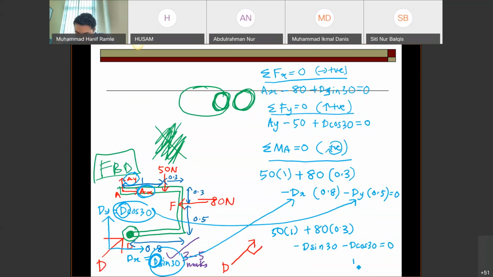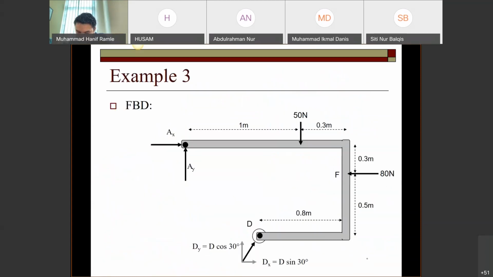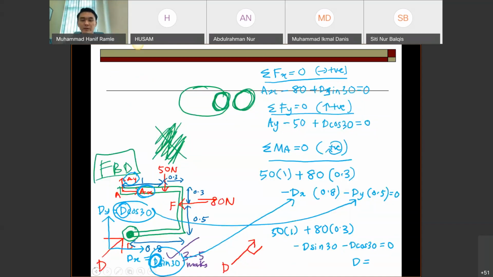So you will get d here. Can you help me to calculate the d value?